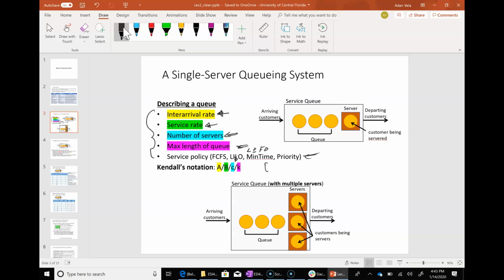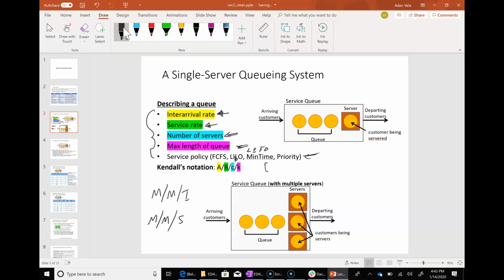Now, the way this gets encoded is using something called Kendall's notation. So A, B, C, K. We'll go into this in a little more detail, but a lot of times in your problems you'll see something like M/M/1 or M/M/5.